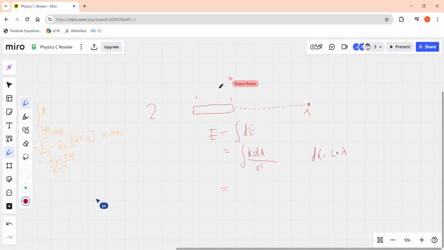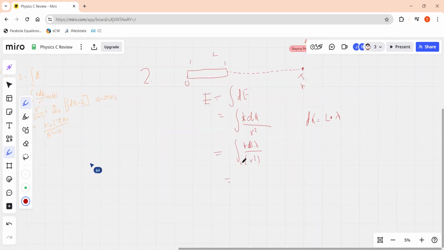This is L. K dL lambda over r squared, from 0 to r.